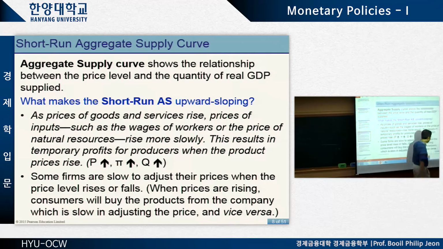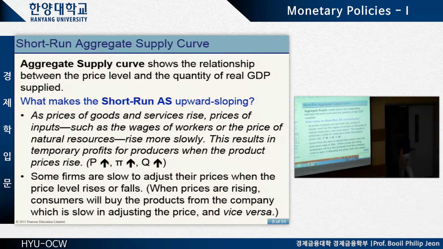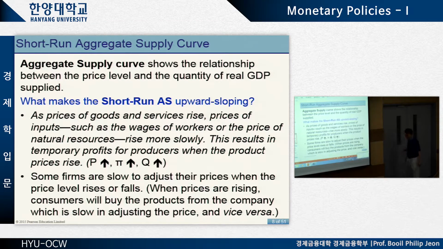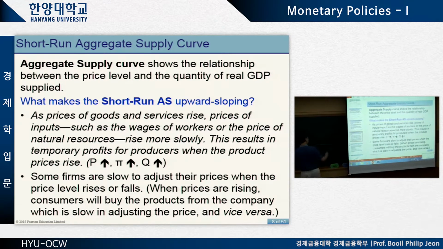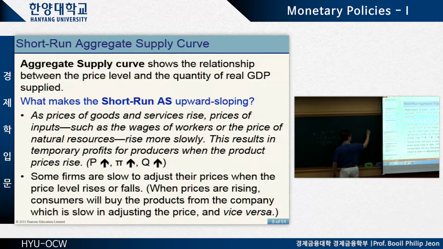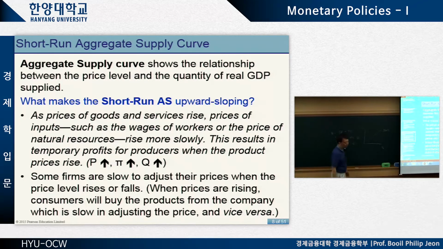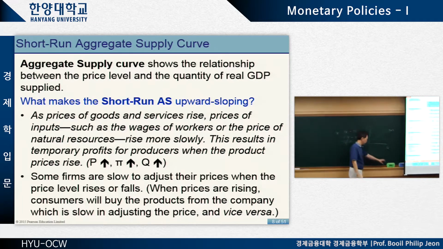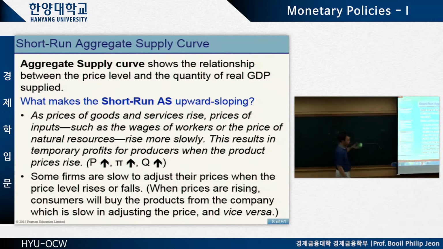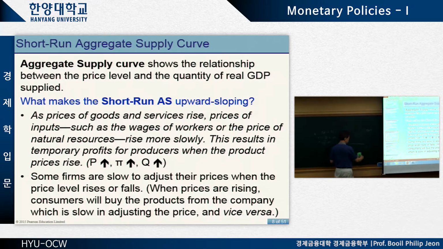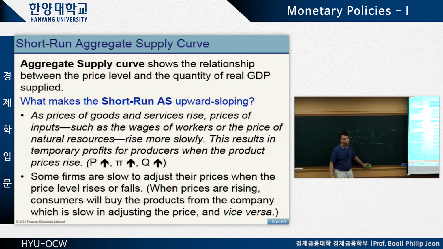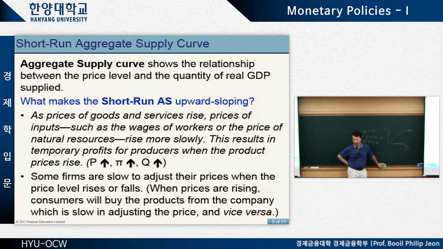Well, in macroeconomics, in order to explain why a short-run aggregate supply, let's say we have short-run aggregate supply, and of course in that case the P is price level, and this is the total output, GDP or income, instead of any single particular good.